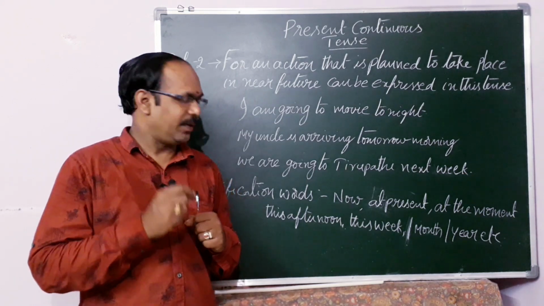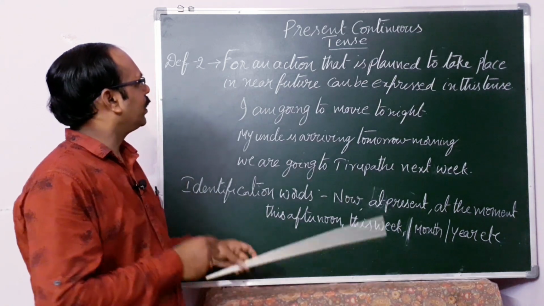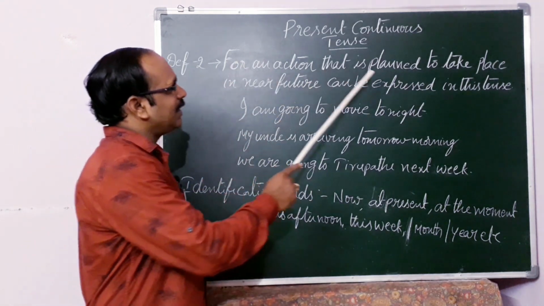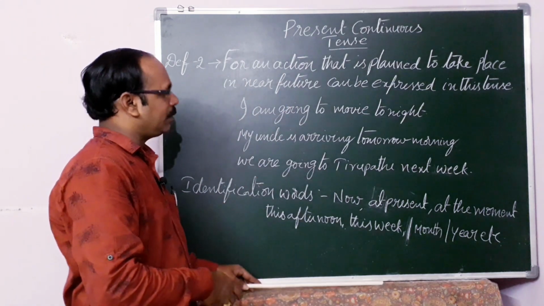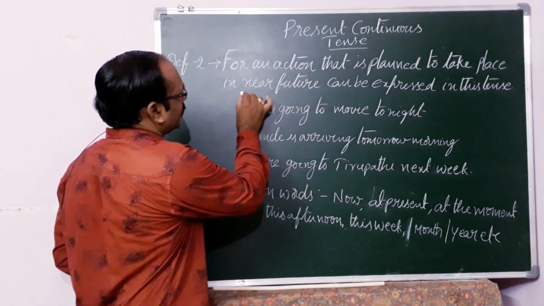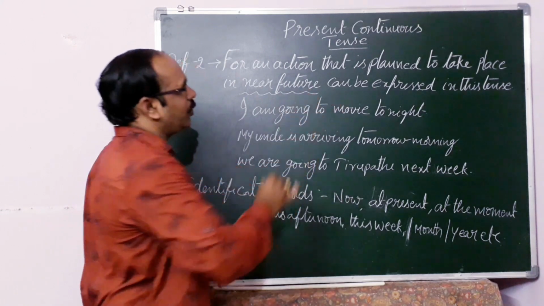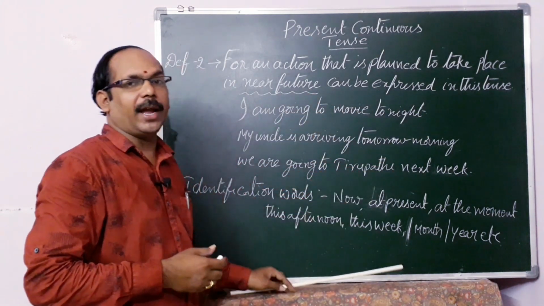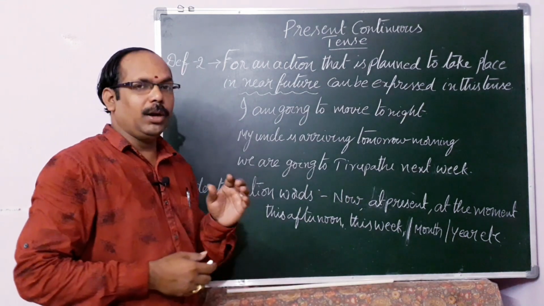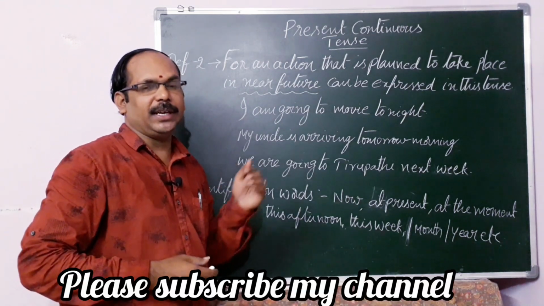The definition: for an action that is planned to take place in the near future, planned actions can be expressed in this tense. All planned actions can be expressed in this tense.